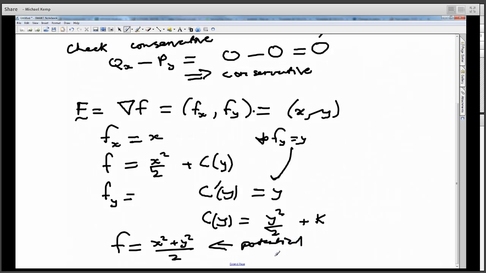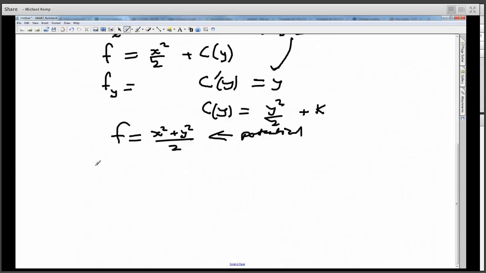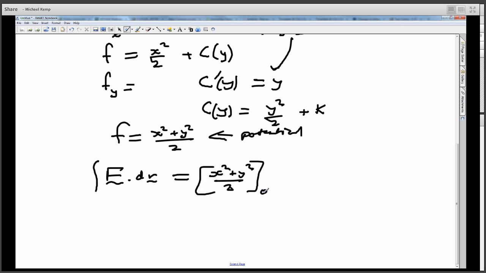And so by the fundamental theorem of line integrals, this integral here is pretty much the potential function, x squared plus y squared on 2, substituting in the endpoints. The first endpoint was (0, 0), the second endpoint was (3, 3).